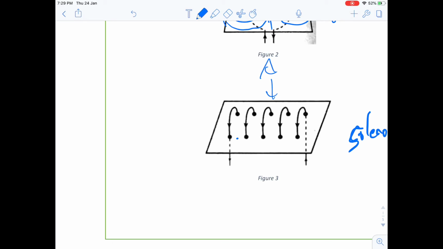So coming back to this question, what I'm going to do is I'm just going to simply draw it like this, and the other side would be like this.